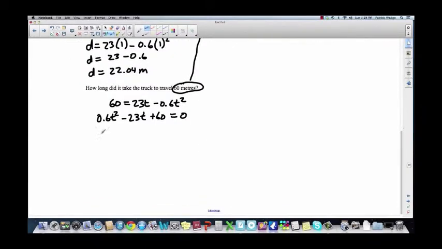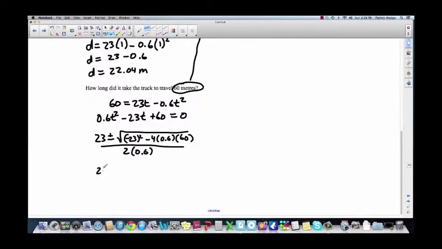And quadratic formula time. Negative b, that would be negative 23, so it's 23 plus or minus the square root of b squared, so that's negative 23 squared, minus 4 times a, which is 0.6, times c, which is 60, all over 2a, which is 0.6. Oh my, we're going to have to get the calculator going here.